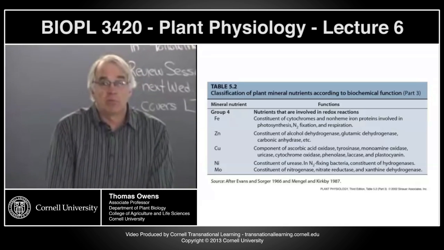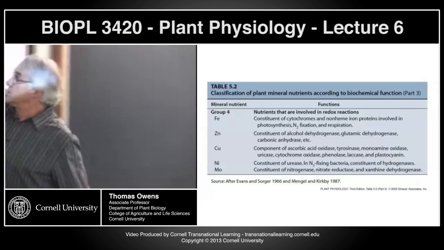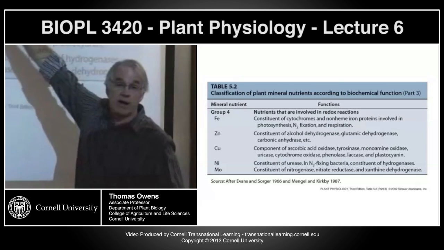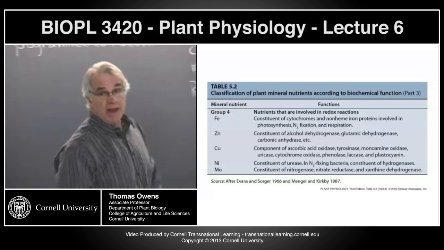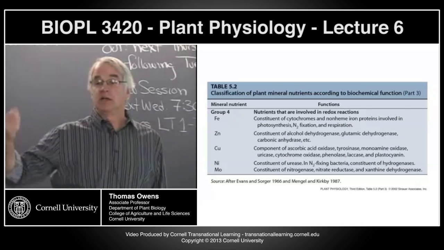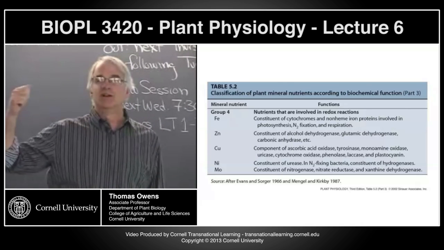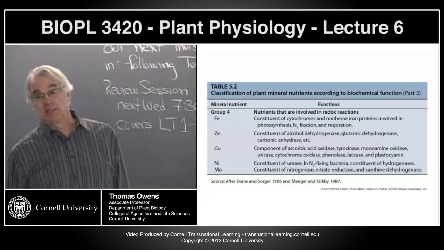Another thing that you probably don't think about right off the top of your head is that a lot of these redox reactions, zinc and copper and iron, are involved in dealing with free radicals, dealing with reactive oxygen species. If you can't deal with reactive oxygen species, the first thing that gets damaged are the chloroplasts, right? Because that's where a lot of reactive oxygen species are produced.